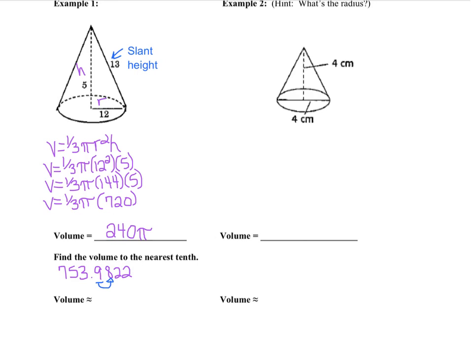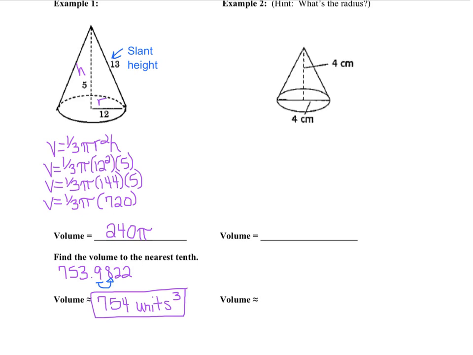Since it's an 8, it's going to push that 9 up, which pushes up our 1 spot. So your final answer is 754. We don't have a unit here, so it's units cubed. And that is our final answer. Always remember to label it units cubed when dealing with volume.